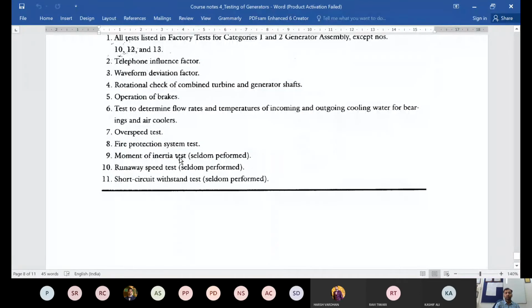So these are all the field tests, and this completes our discussion on the testing of generators. If anyone has any questions or any input or any short discussion, you can have it. Otherwise, we move to the next topic.